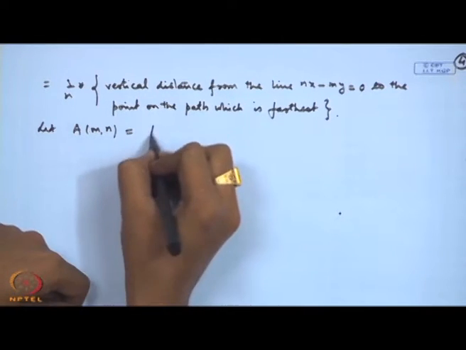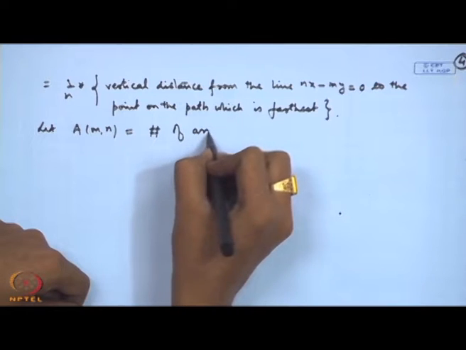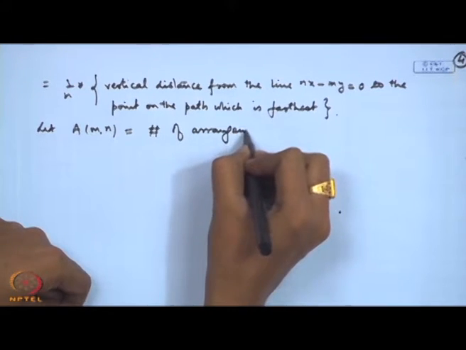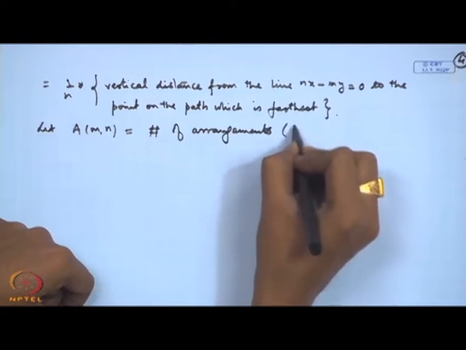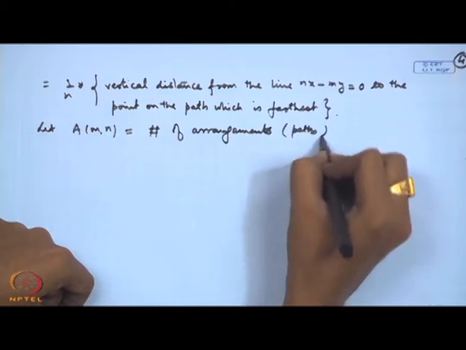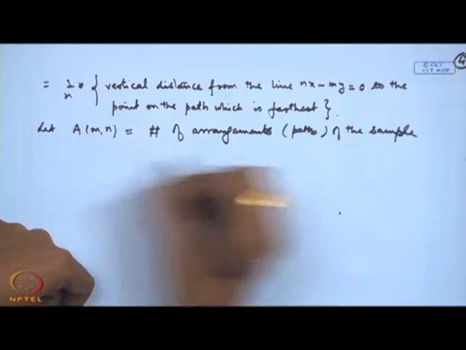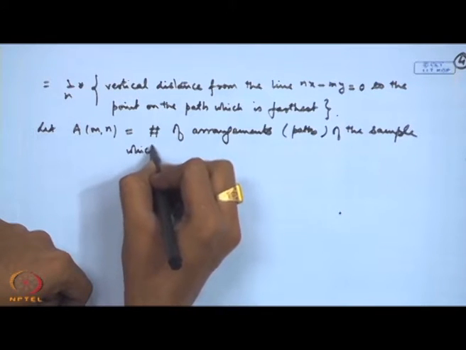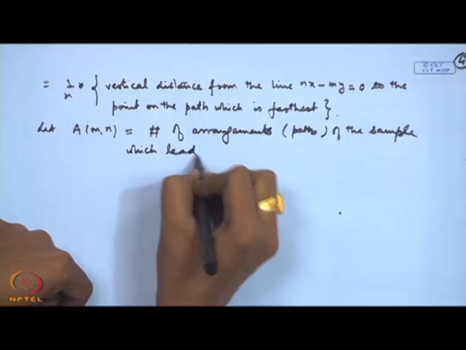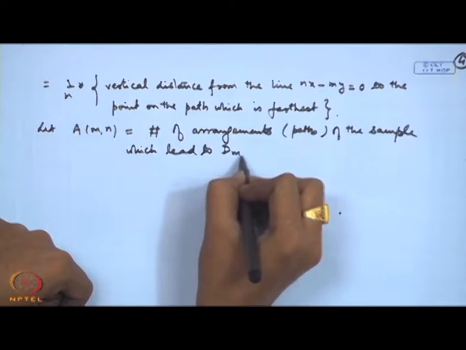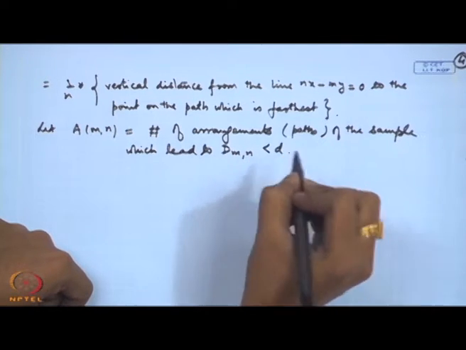So let Amn be the number of arrangements, that is paths of the sample, which lead to Dmn less than d.